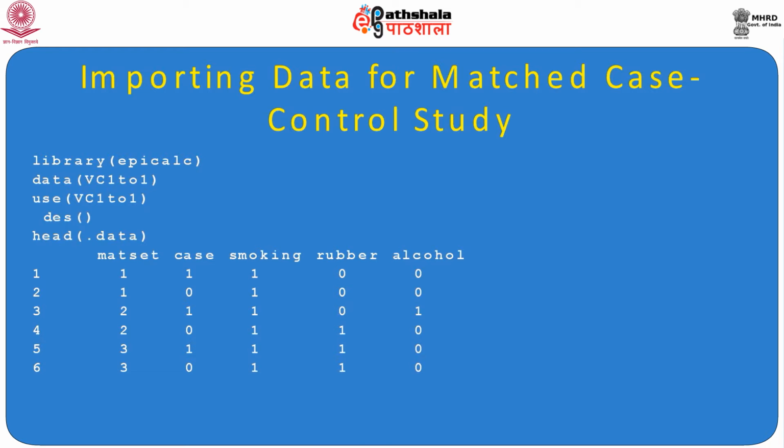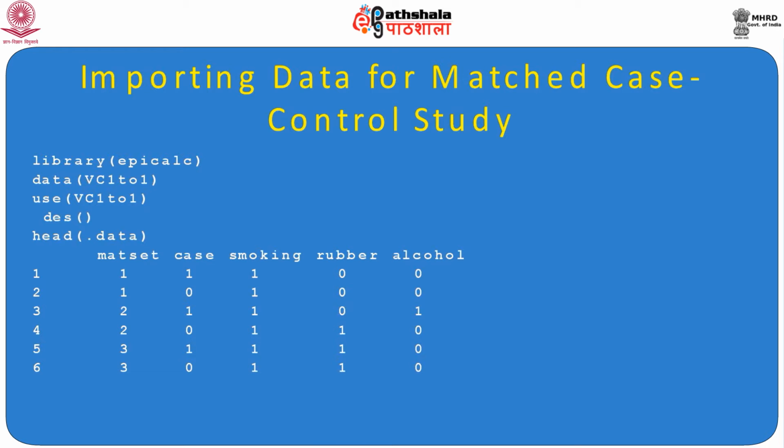So this way, if you see the third row and fourth row, again the matchset is given as 2, 2, whereas the first one is a case and the second one is obtained from control, and again their status is given as smoking yes.